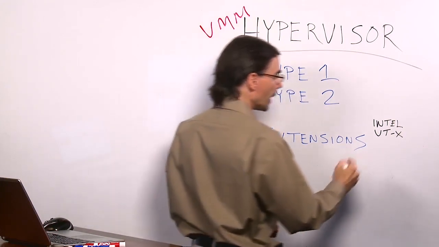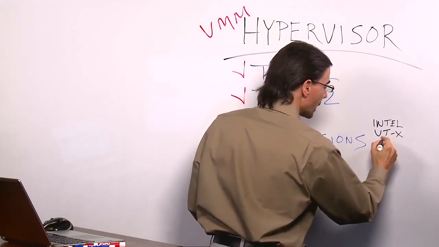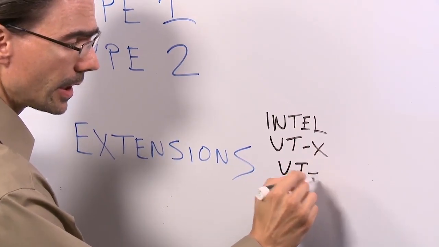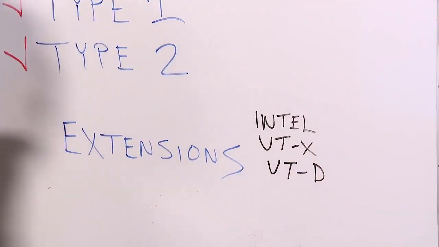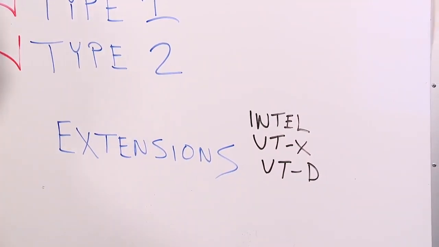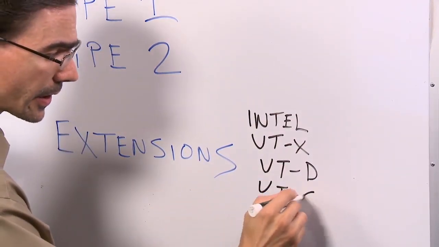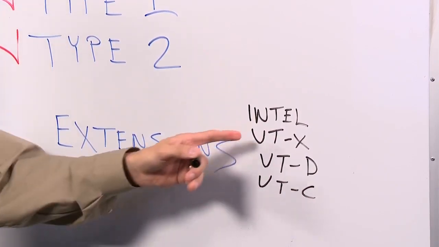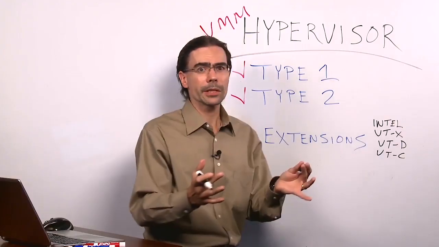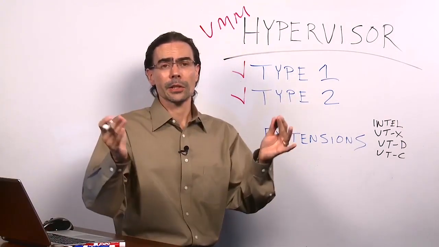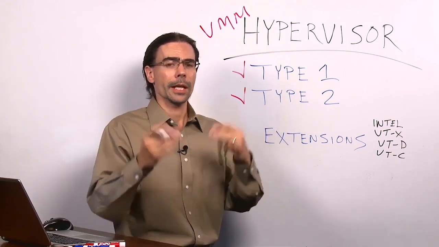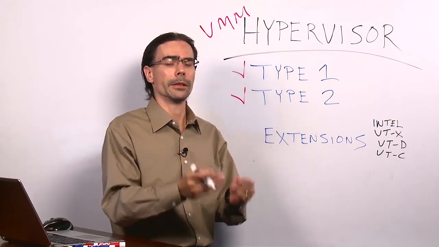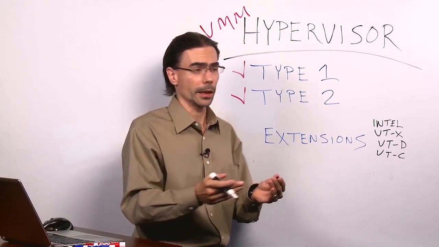For example, for input-output memory management, you'll use VT-d, and for network management, you'll use VT-c. So you want to make sure these are enabled in the motherboard, especially VT-x. And it might just say VT, or it might just say virtualization, and that's what you have to turn on. It depends on the firmware that you're working in.